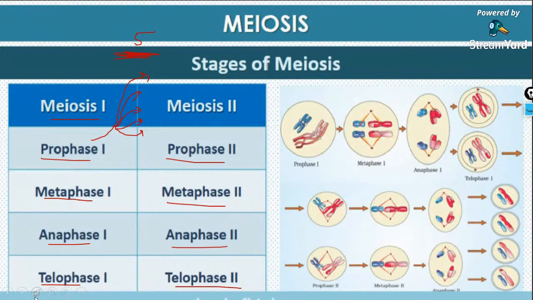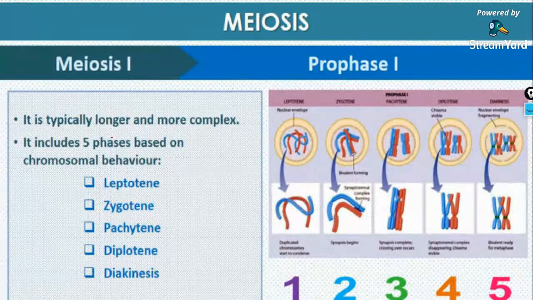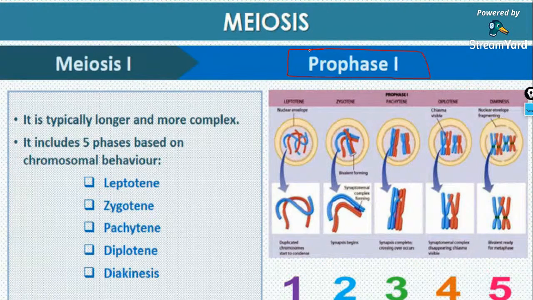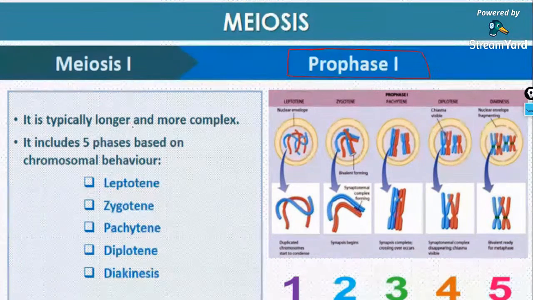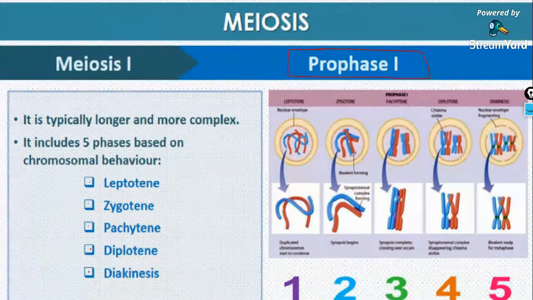Clear with that? Meiosis 1 is typically longer and more complex. So prophase 1 is going to start now. It includes five phases based on the chromosomal behavior: first is leptotene, zygotene, pachytene, diplotene, and diakinesis.